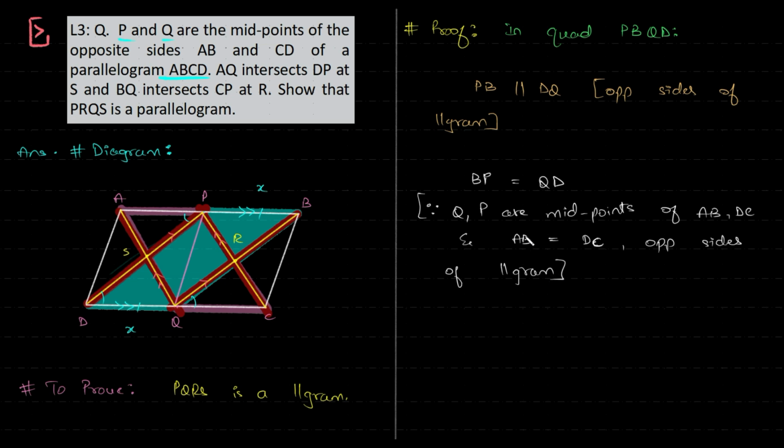And therefore we have these two lengths equal to each other. Okay, so from the above two statements, what can we conclude? We can tell that PBQD is a parallelogram, right, as the opposite sides are equal and parallel.